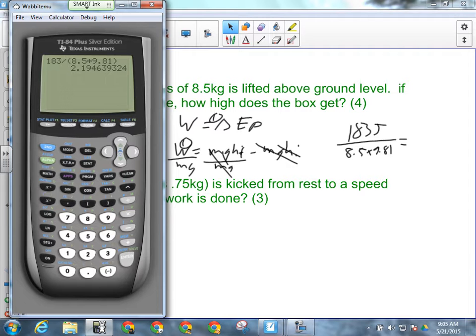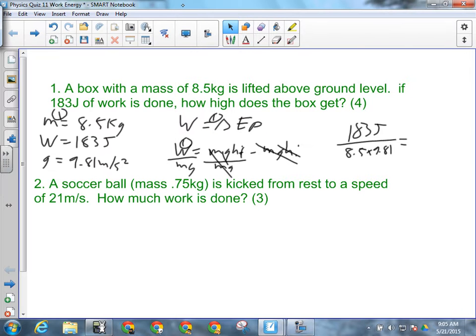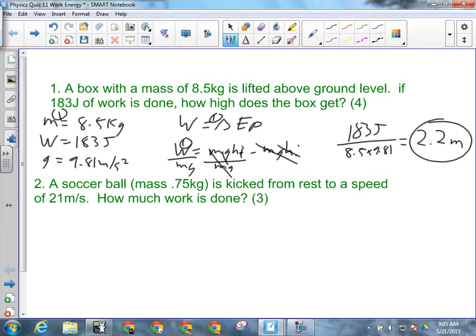If they rounded it to 2.2, that's fine. So that'll be their 4th and final mark. They must have meters on there, guys. If they don't have units, it's not right. Questions on that one? Everyone's good with that? Okay.